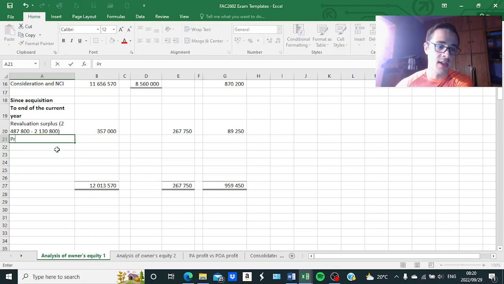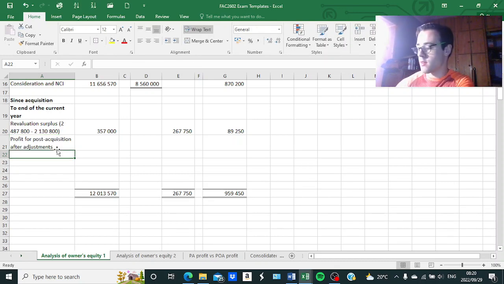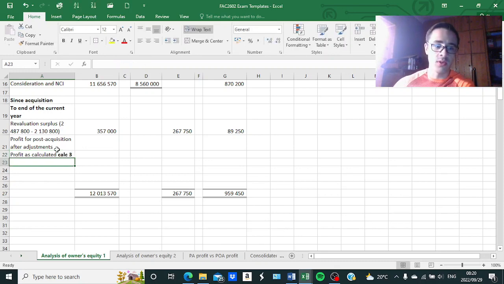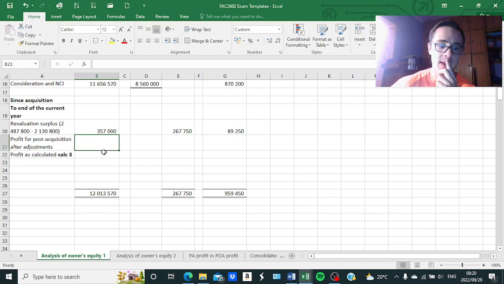So we are calculating the profit for the post-acquisition period after adjustments. Now, what will these adjustments be? We will start with the profit as calculated. We are still calculating the post-acquisition profit for the subsidiary according to calculation 3. So we will still input an amount right here.